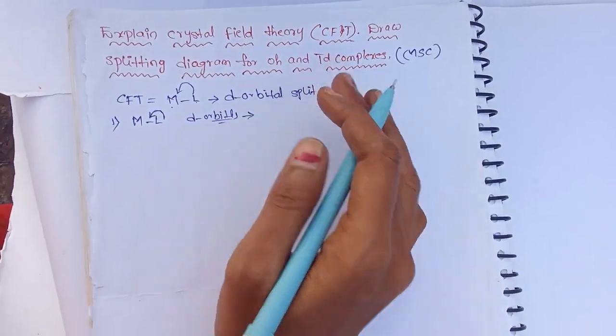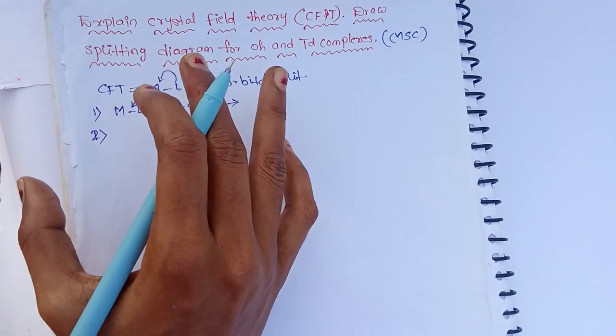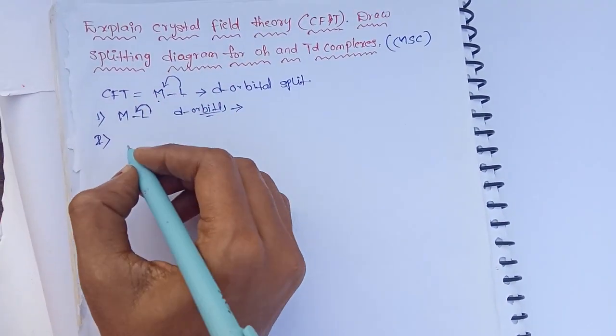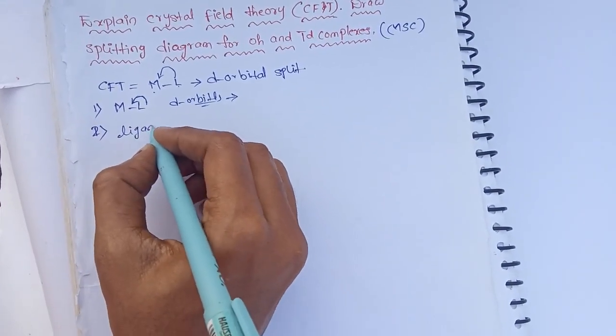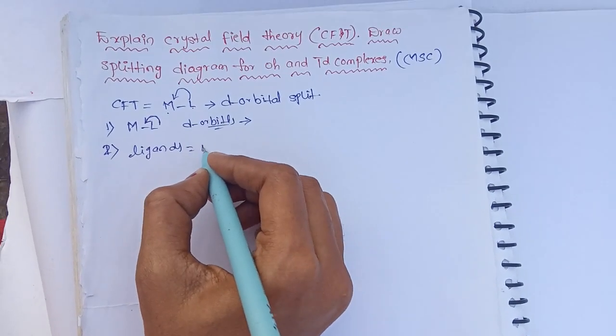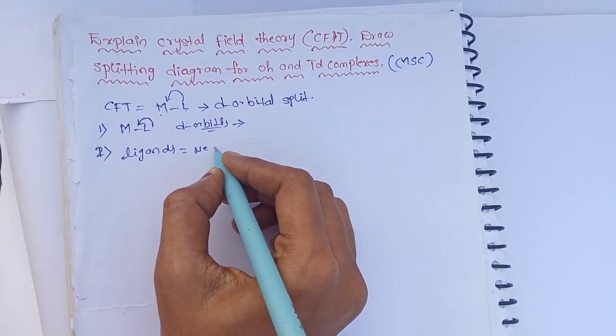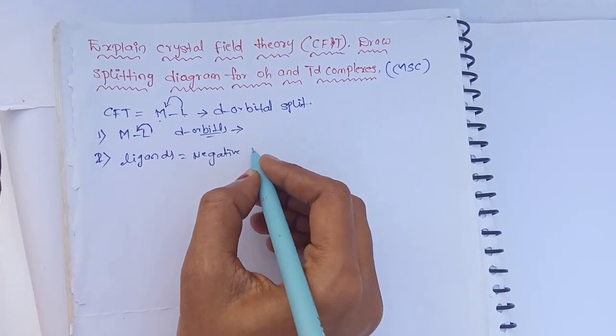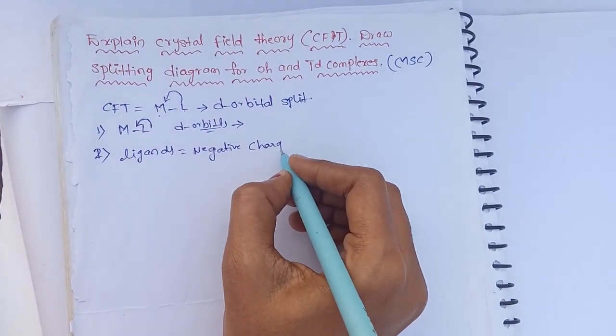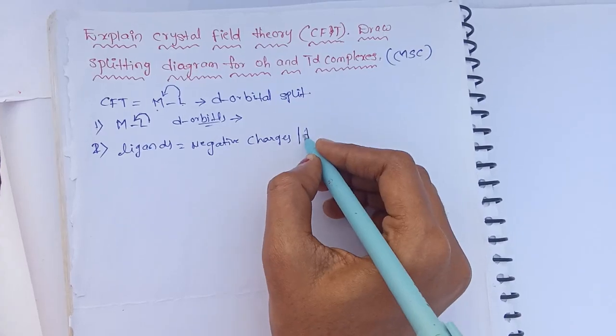The next key point is that ligands are negative charges, that means dipoles.